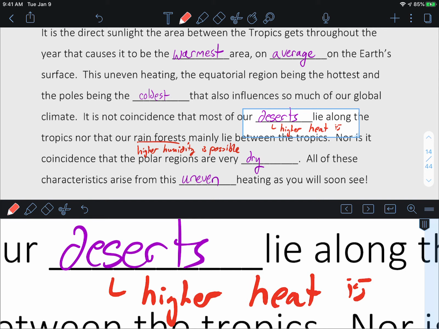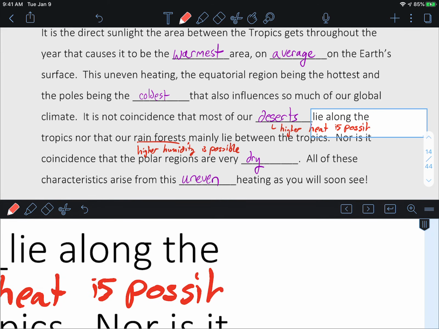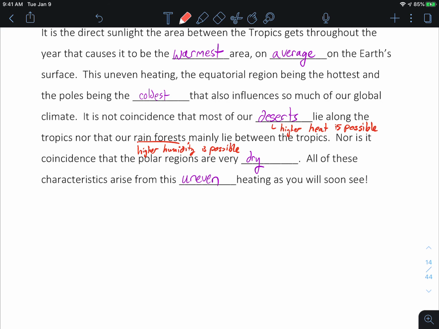Being directly under the sun, you're going to get a lot of heat, and the result will be hot air. But you'll also be able to get lots of high humidity because that warm air is able to absorb a lot of water.